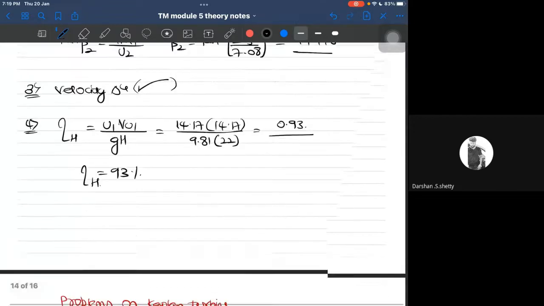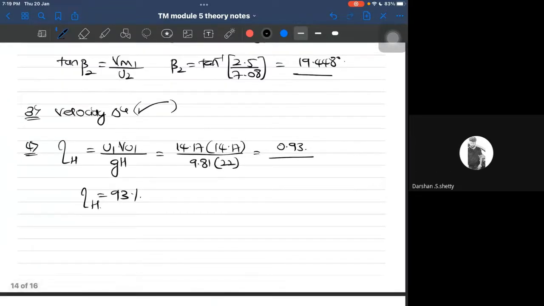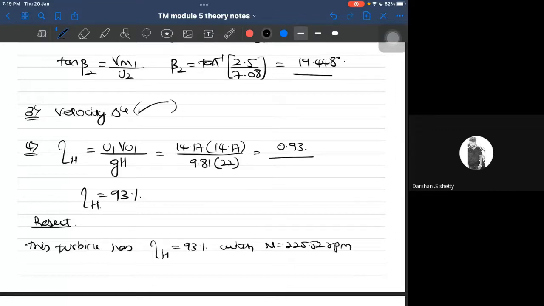Okay. So that is the problem. So you can write the result that this turbine has hydraulic efficiency of 93% with N equal to 225.52 RPM and beta 2 equal to 19.44 degrees.